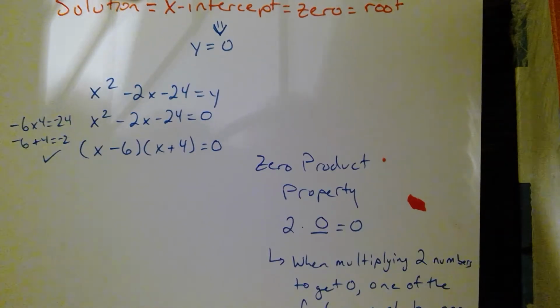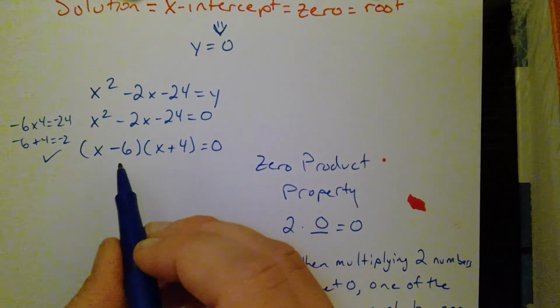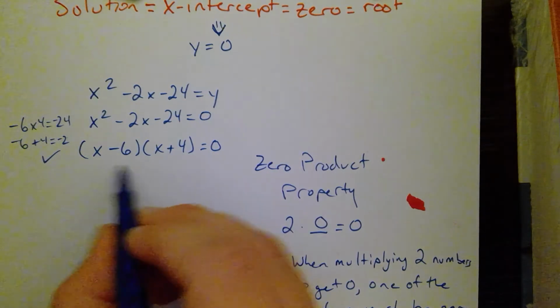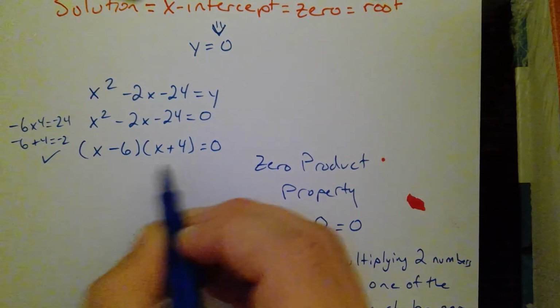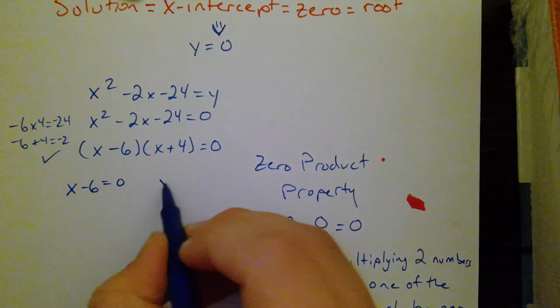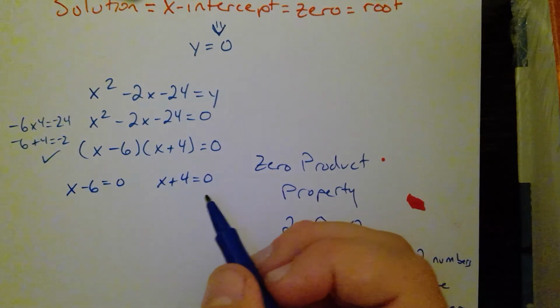Okay, so let's come over here. Now we have two factors, hence we talk about factoring. We set each of those factors equal to 0, because this one could be 0 or this one could be 0. So x minus 6 equals 0, x plus 4 equals 0. And we now have simple one-step equations.